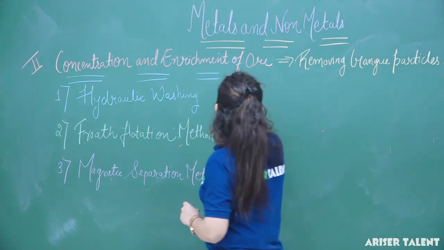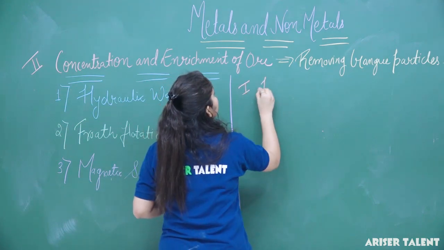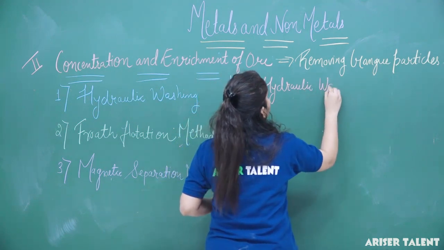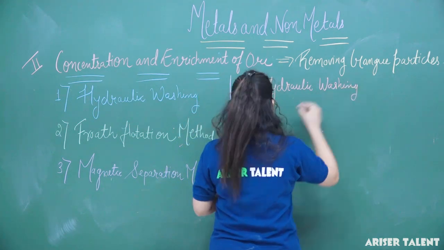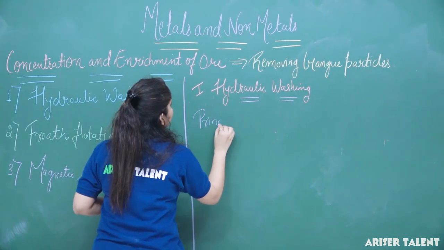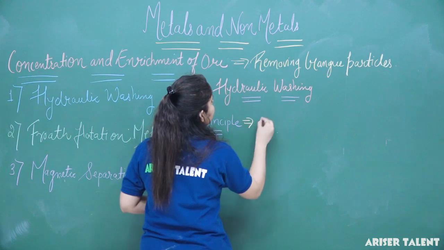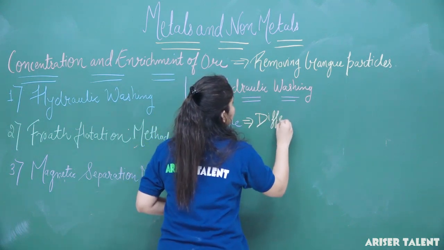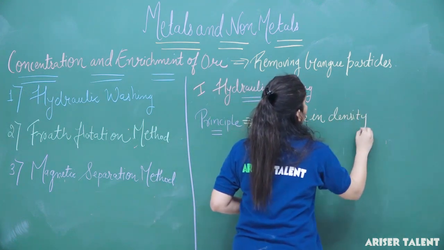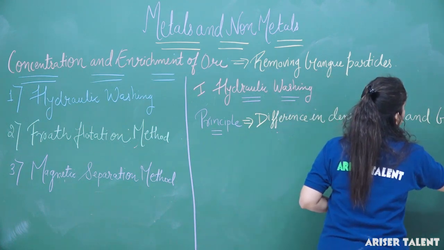So our first category is hydraulic washing. In the hydraulic washing method, the principle involved is that there must be a difference in the density of ore and gangue particles.